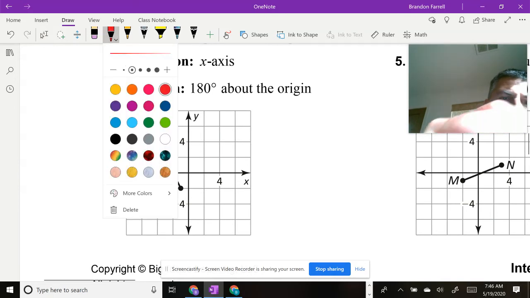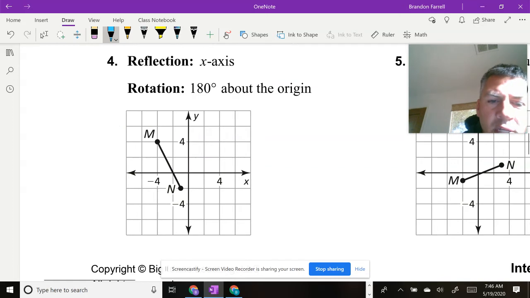Okay, and I don't really want to talk about this, but I'm gonna do it anyways because I think it's valuable to think about. So if I'm going to go across the x-axis, I'm going to go to n prime, and then m prime is going to be right there. So we have n prime and m prime.